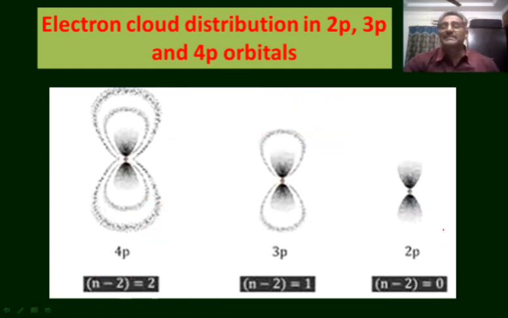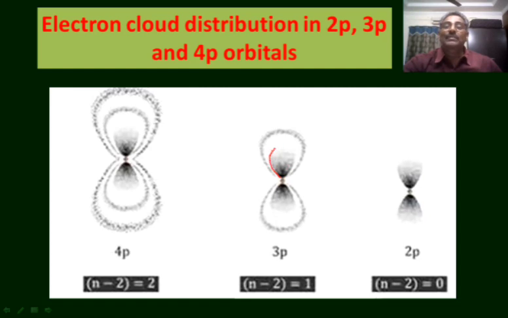What is the difference between 2p orbital and 3p orbital? Here in 2p orbital, there is only one concentric circle of electron cloud in one direction. That is, there is no spherical node within this concentric circle. Whereas in 3p orbital, there are 2 concentric circles.